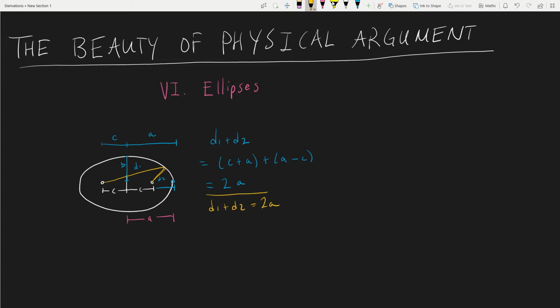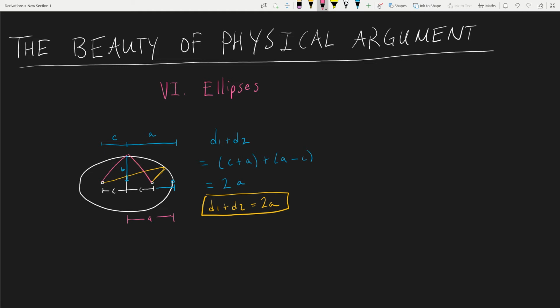So I'm going to erase D1 and D2 from our diagram. We know it's true and we know what it means. This is basically the total length of the string. Let us now consider a triangle. Let's consider a perfect triangle when that string is stretched this way.